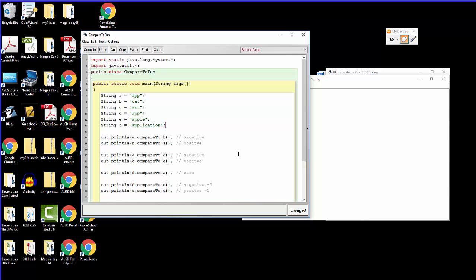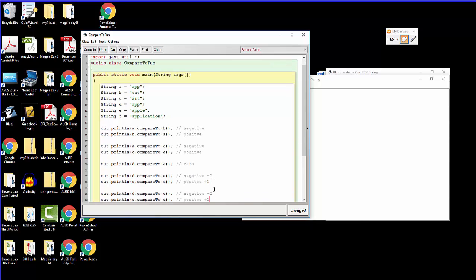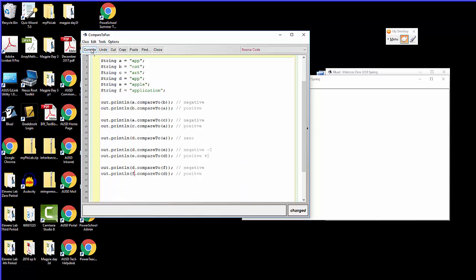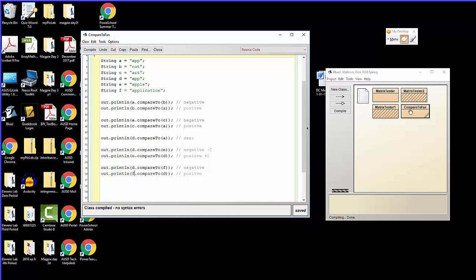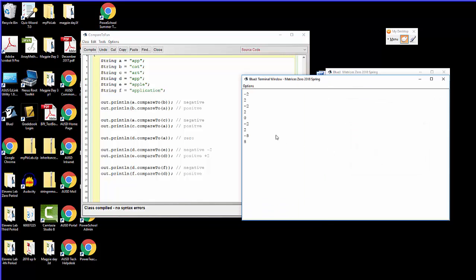And compare D and F now. It's not -2 and 2 anymore. Now it's -8.